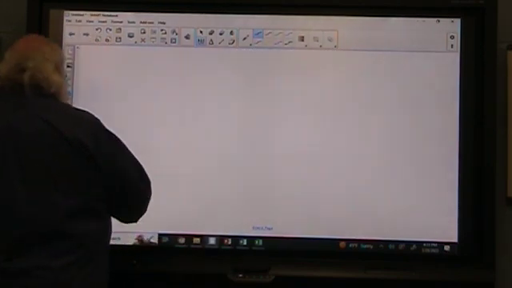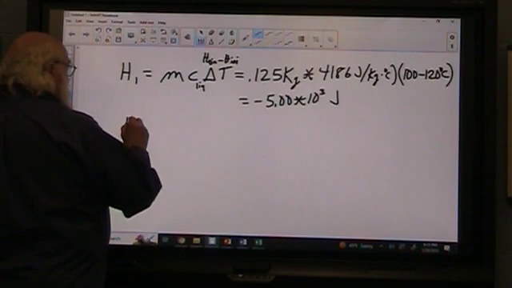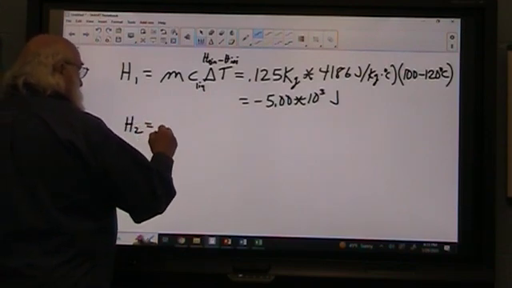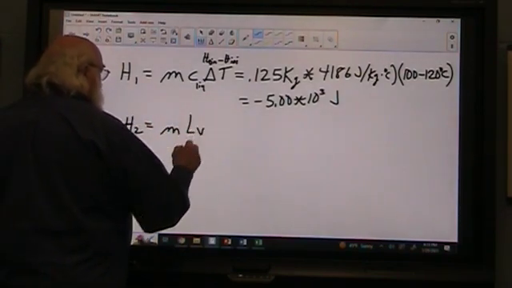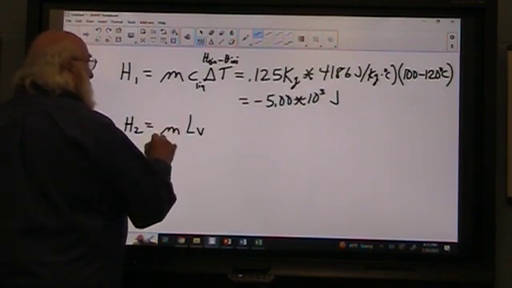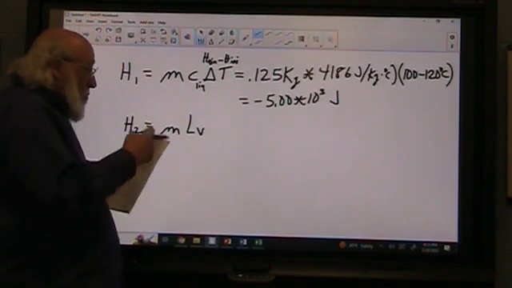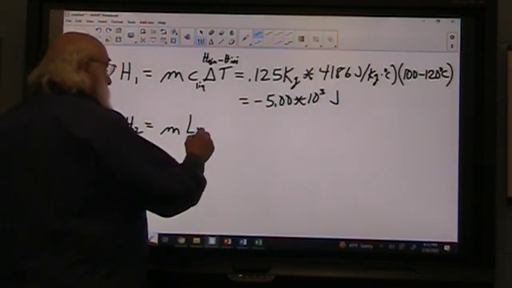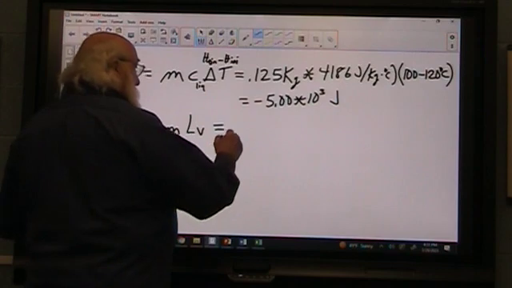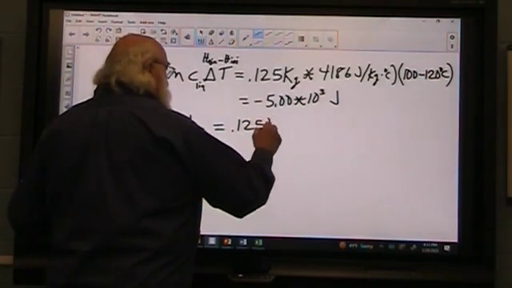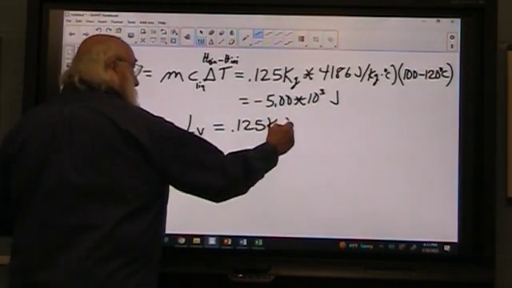H2 now is going to be the phase change, and that's going to be M LV. Well, actually M negative LV, because we changed that to the negative sign, because it's going to be an exothermic direction here. The mass again is 0.125 kilograms.